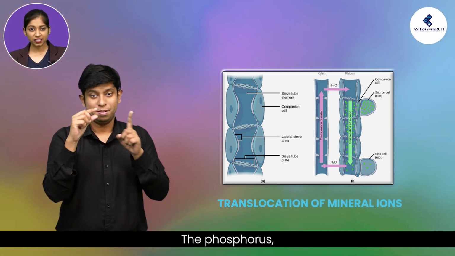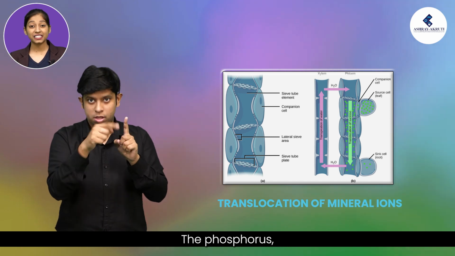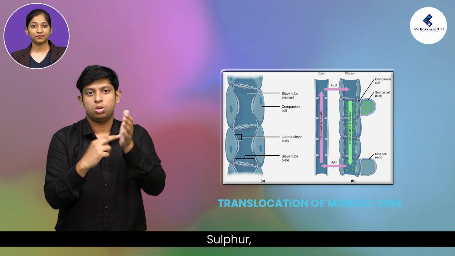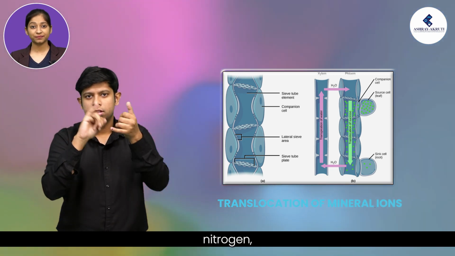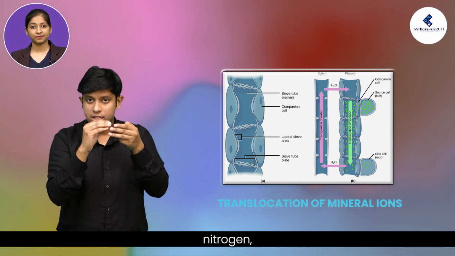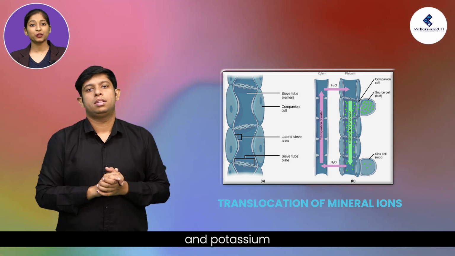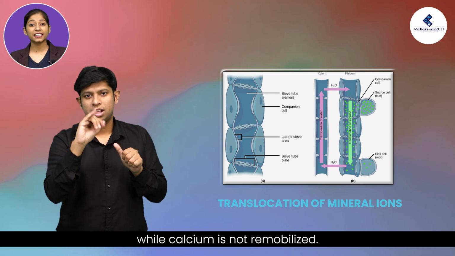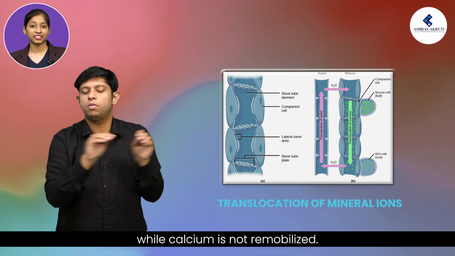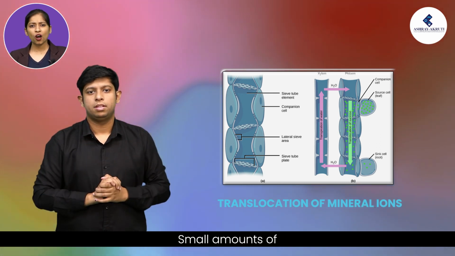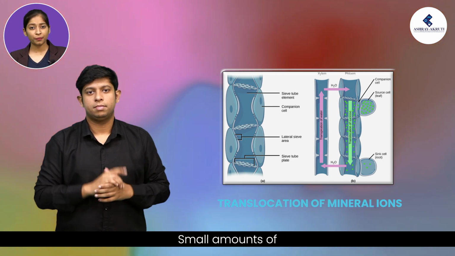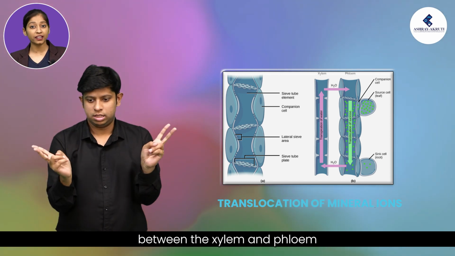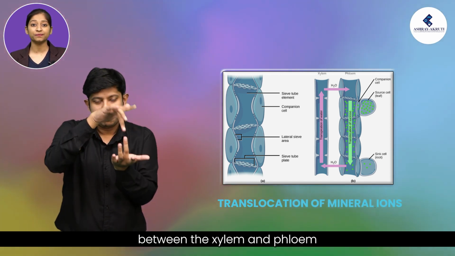The phosphorus, sulfur, nitrogen, and potassium are easily mobilized while calcium is not remobilized. Small amounts of material exchange take place between the xylem and phloem.